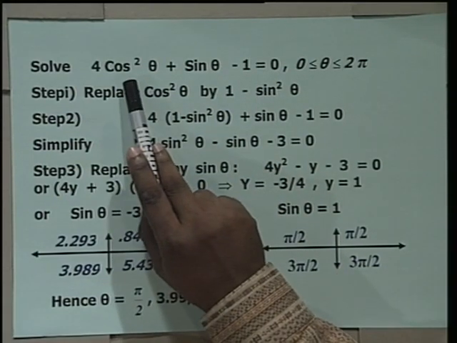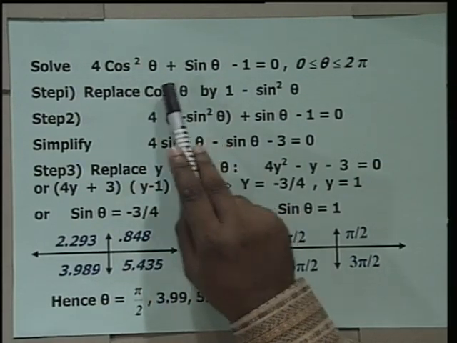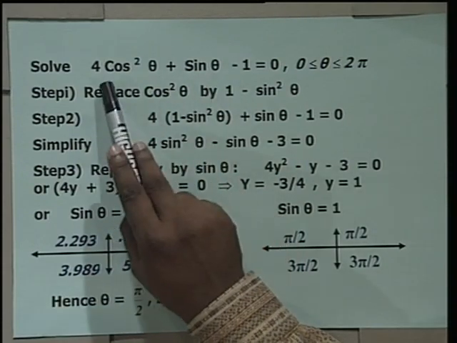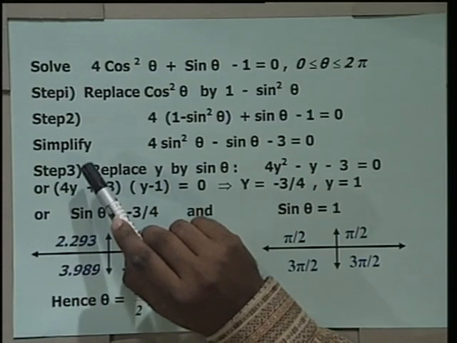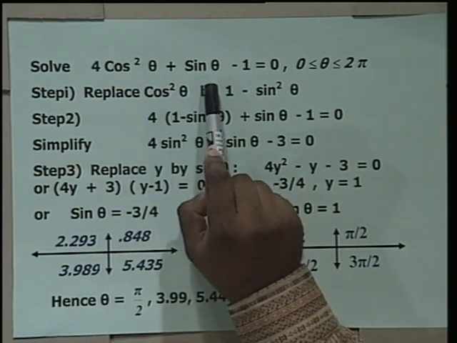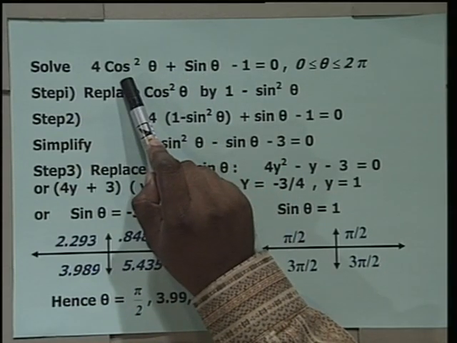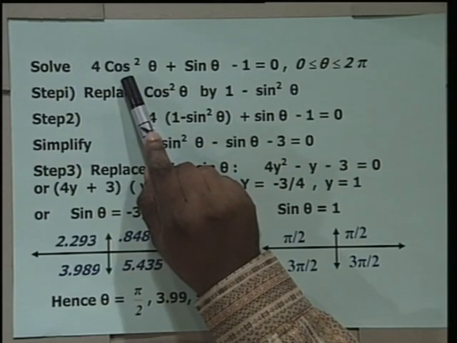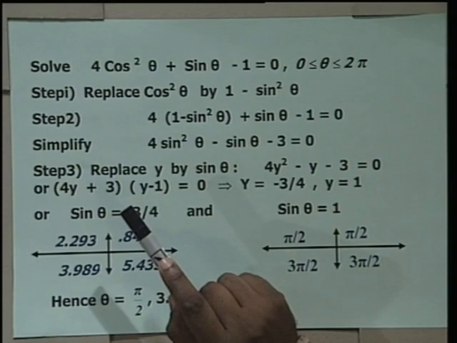Note that in this equation we have both cos and sine, and we cannot solve this equation directly, because to solve an equation we must have all the terms containing sine only or cos only. So here we either have to replace the sine in terms of cos or the cos squared in terms of sine. As you know from the identity, it's easier to replace the cos squared by 1 minus sine squared.